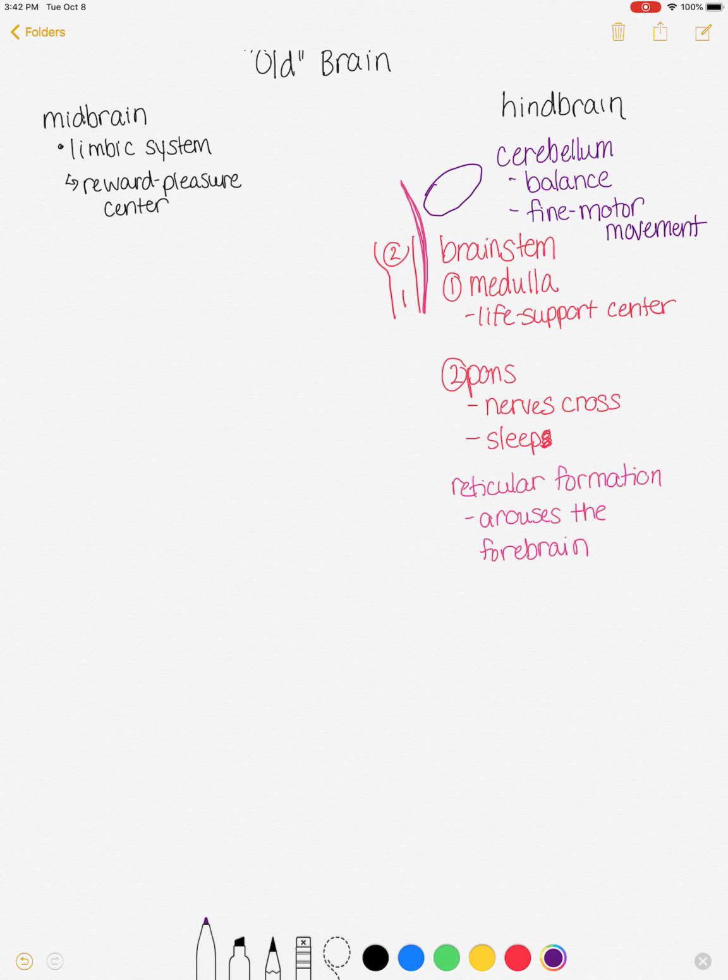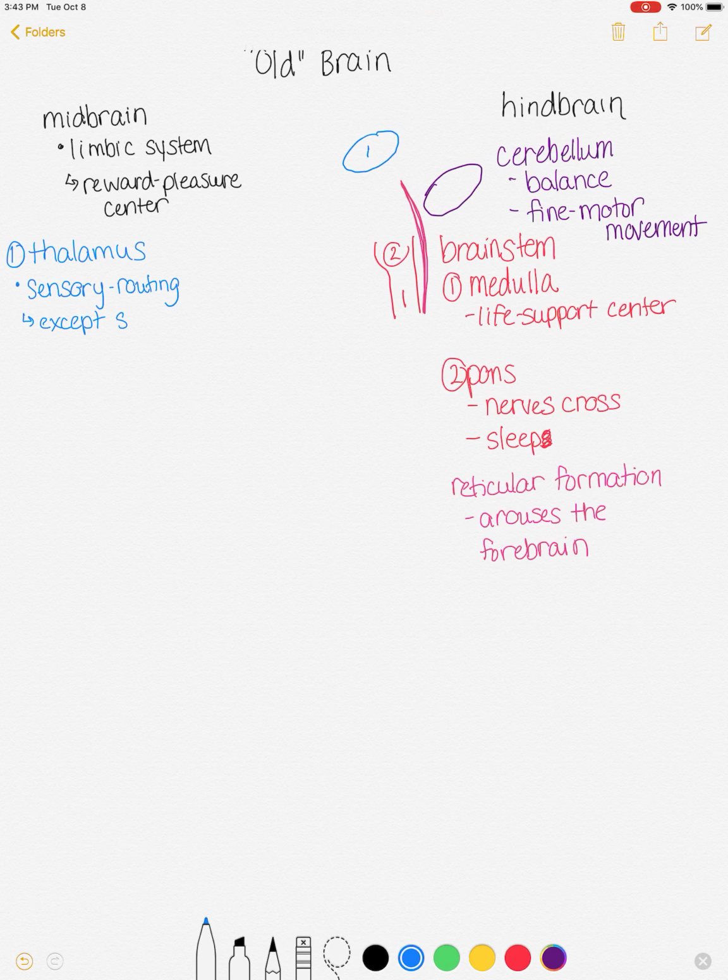So let's move on now to the limbic system. So kind of in the middle of the brain, we're going to draw this circle, and this is the thalamus. And the thalamus is sensory routing. And the sensory routing, what that means is that all of our senses, except for smell, go through the thalamus.